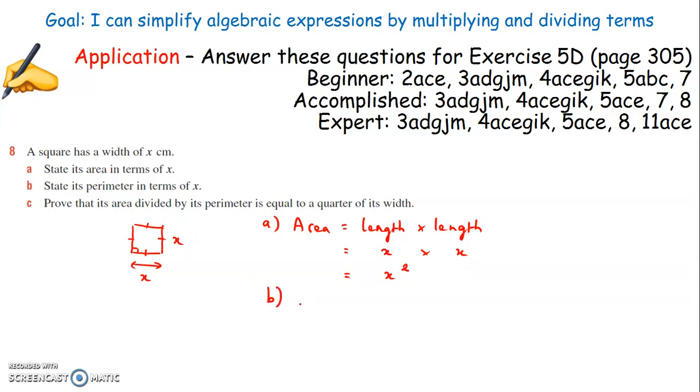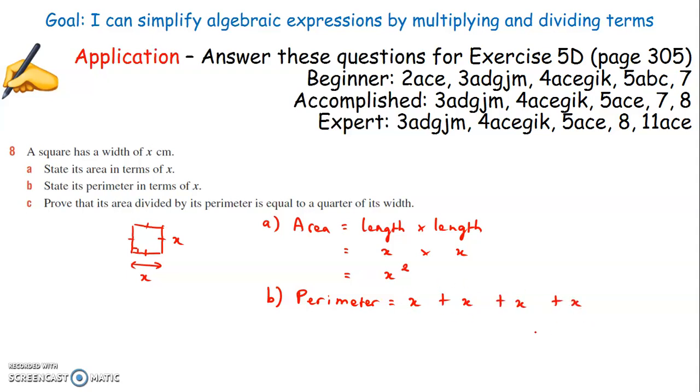Question B asks us to state its perimeter in terms of x. Okay, so perimeter. The perimeter is the outside, so we just need to add all the lengths together here. So we would have x plus x plus x plus x, right?